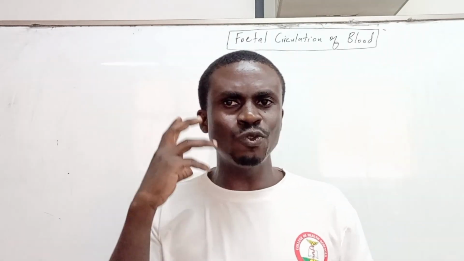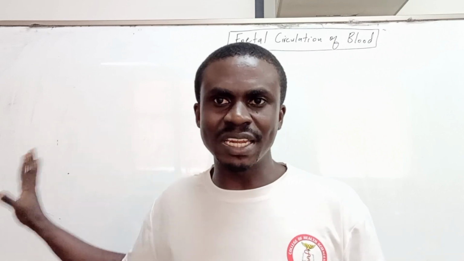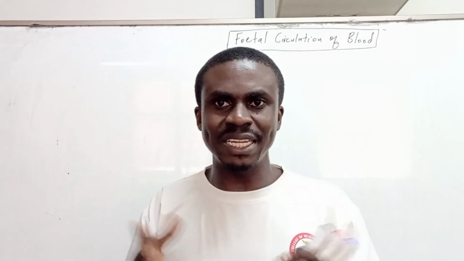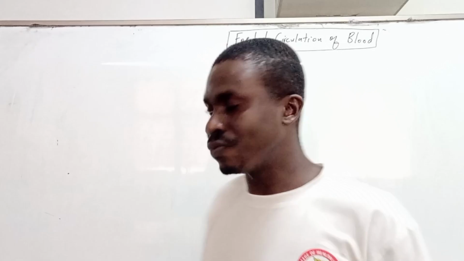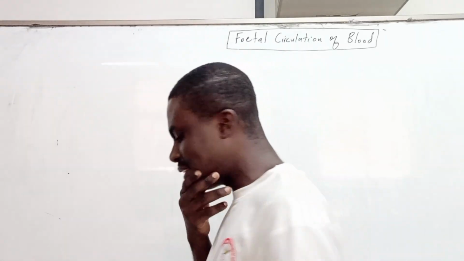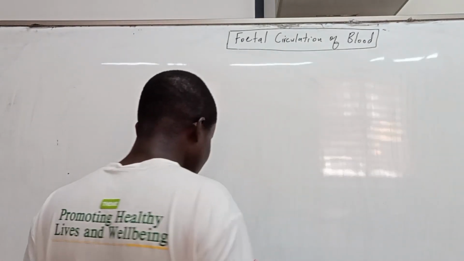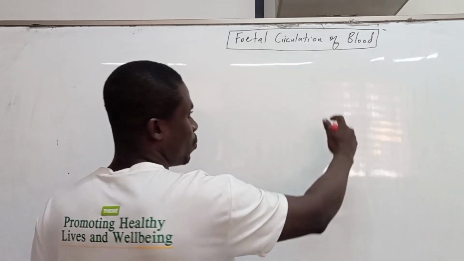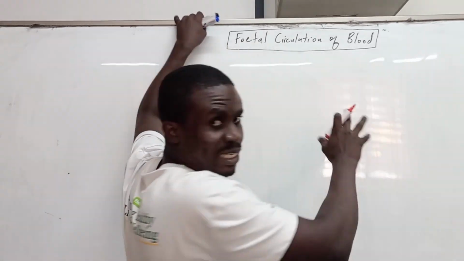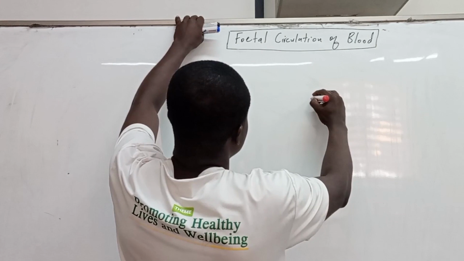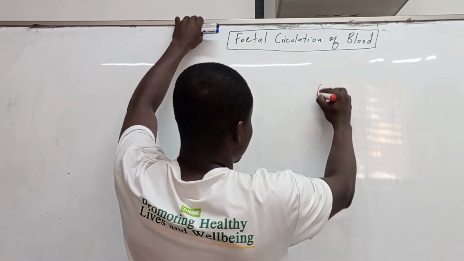So my friends, having known these things, we have enough grounds to draw and explain this concept for your comprehension. You draw it exactly the same way I'm going to draw it. I'm going to begin with sketching the heart, schematically.